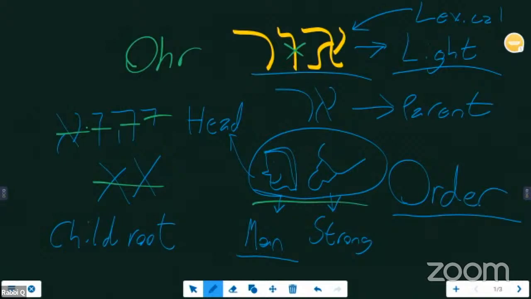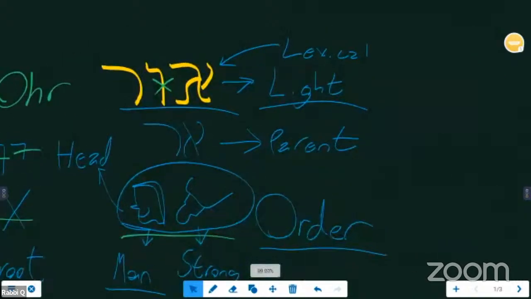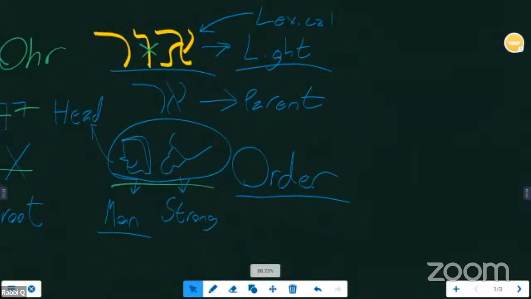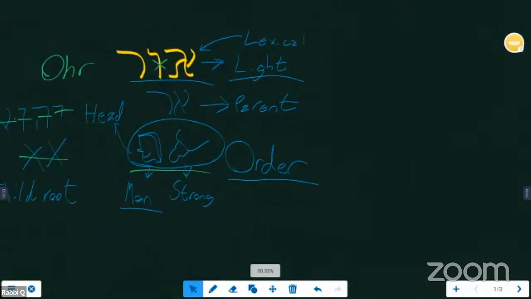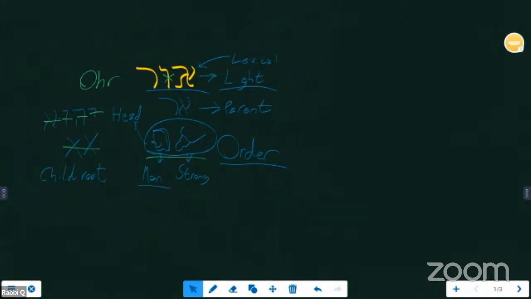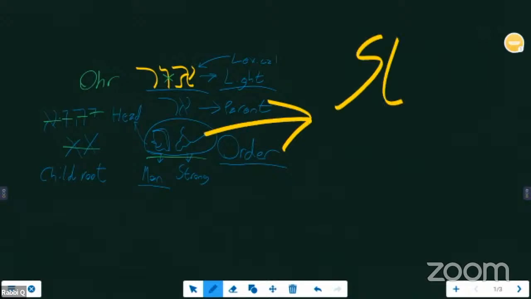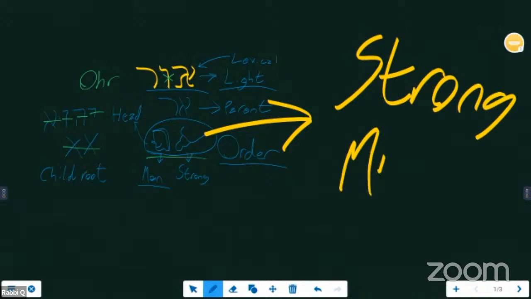Now, what we concluded from that, and what I'm going to go ahead and do here is we're just going to kind of move this over a little bit and shrink it down so that we can establish an absolute truth here that in the ancient pictographic Hebrew, we have a strong mind for the word light. Okay. And so in the English, it is light.